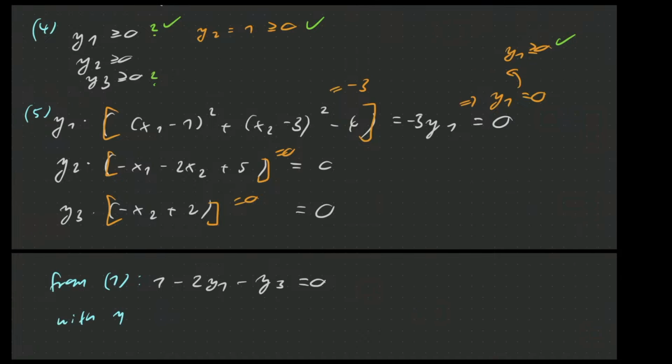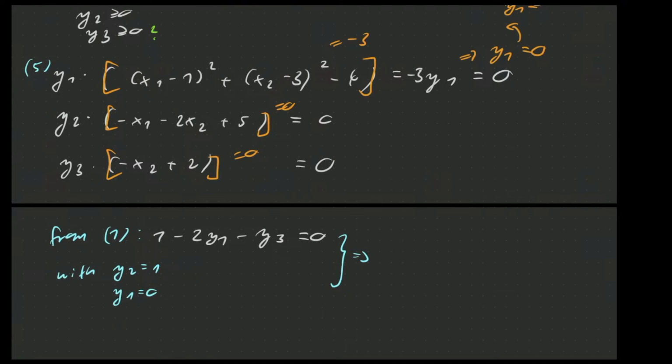And we also know y2 is 1, and we now know y1 is 0. Yeah, so let's use that. Then we get 1 minus 0 minus y3 is 0. So that means y3 is 1.